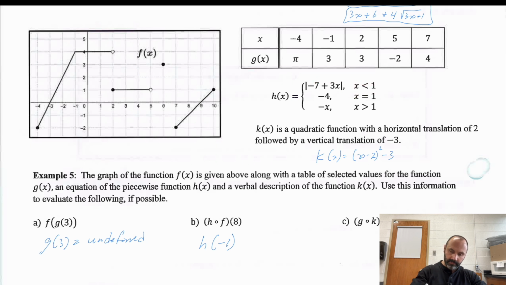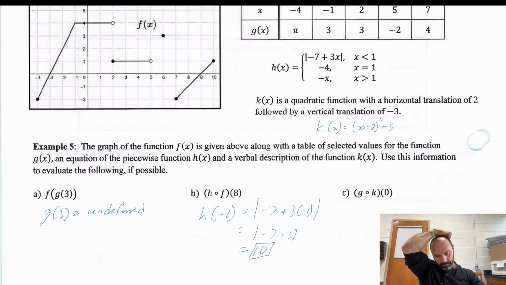So I'm going to find the absolute value of negative 7 plus 3 times negative 1. Find the absolute value. Simplify. And I get 10.